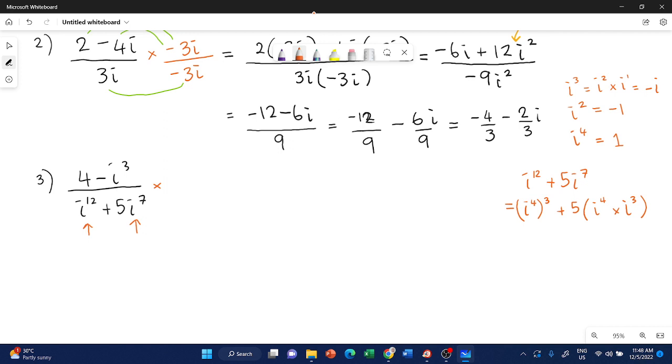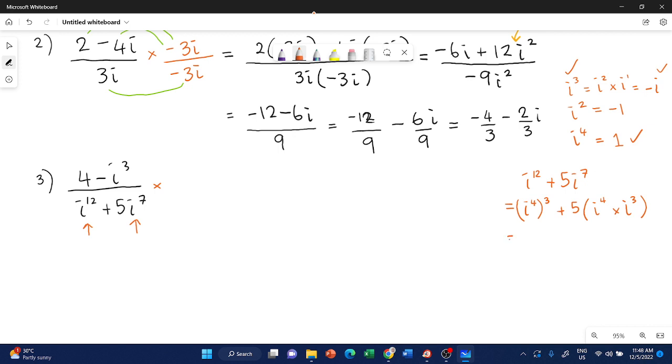So we will use this one. We take the simplest form: i3 as negative i, and i4 simplest form is 1, so that the part you have here is in the simplest form.